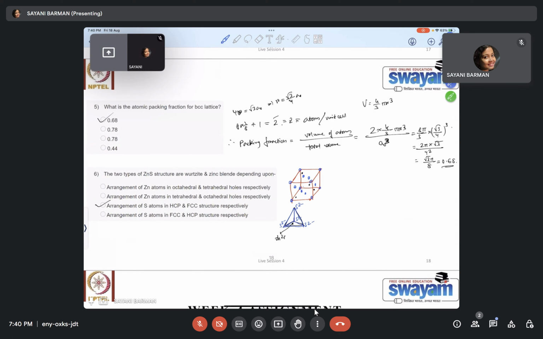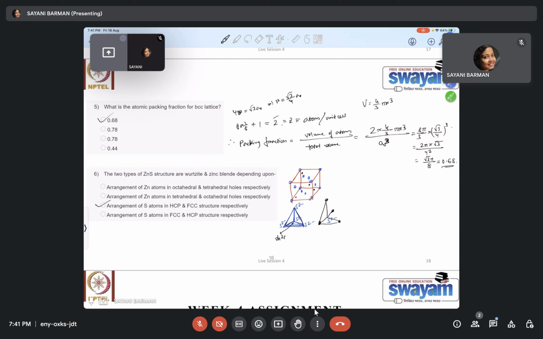Similarly for S2-, if this S2- is here, then Zn2+ will sit like this, I'll just draw as circles, here also, here also.